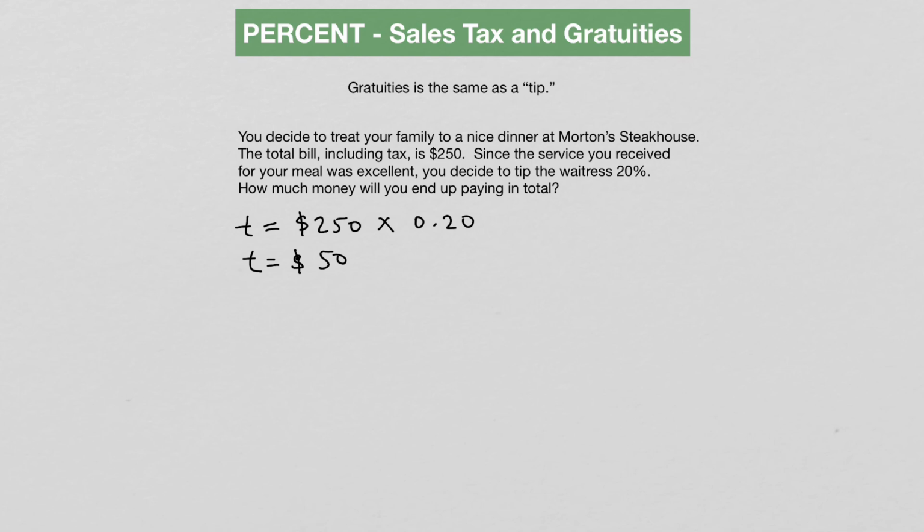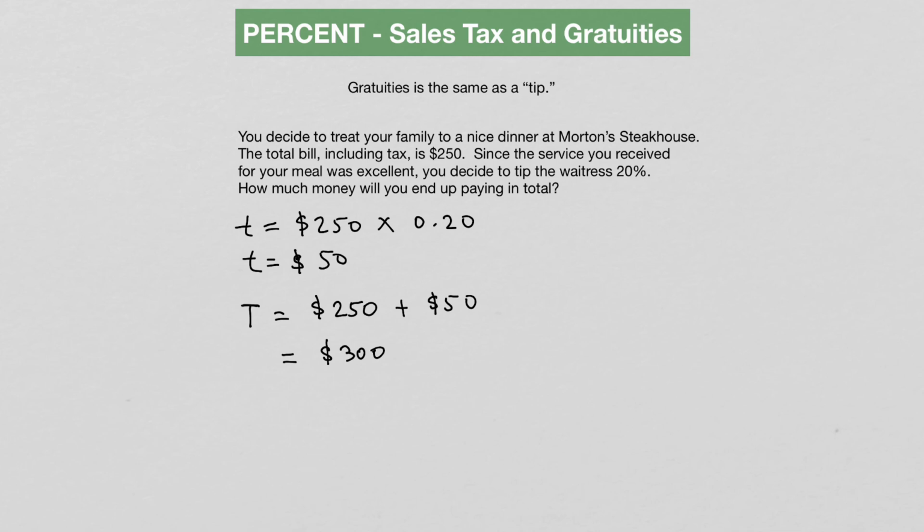So then, to calculate our total, we're going to go with capital T. It's going to equal the cost of the meal, which includes tax already, plus our tip amount. And that's going to give us a total of $300.